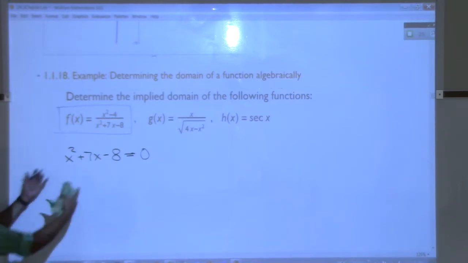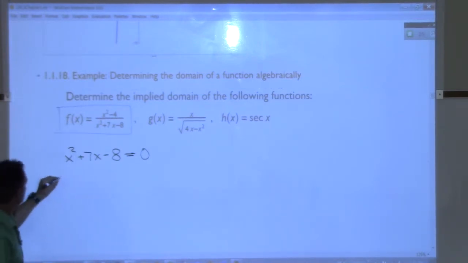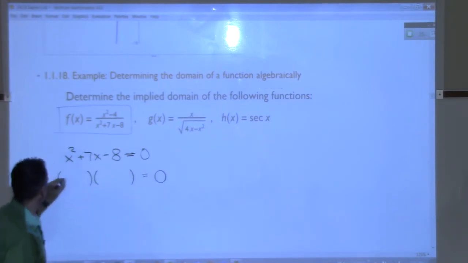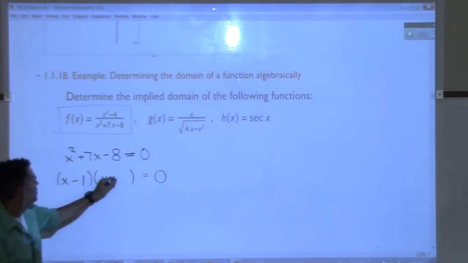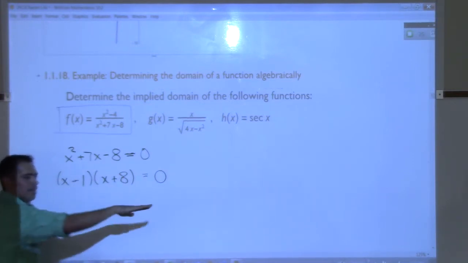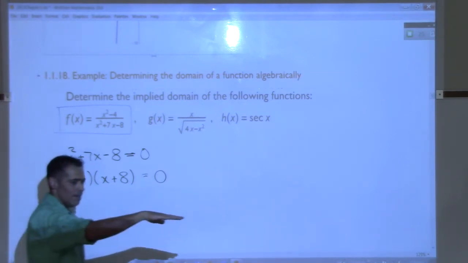Okay. So here, factor. So this should be what? Minus 1, x plus 8. Okay, so this factoring right here, everyone's coming in here at a different level. I can tell you that from my experience, which I have a lot of.